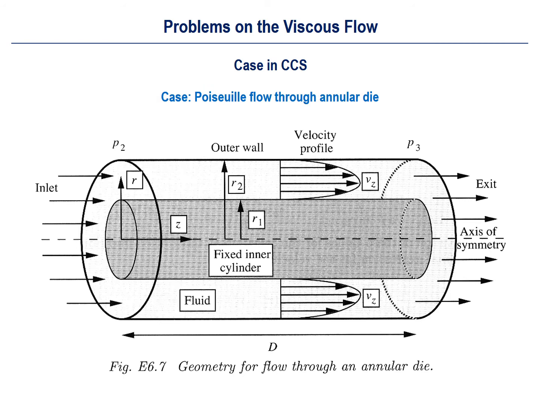Now, let's look at another interesting problem which requires us to think in another coordinate system. In this problem, we want to know the velocity profile in the annular region, which looks like a donut here, right?